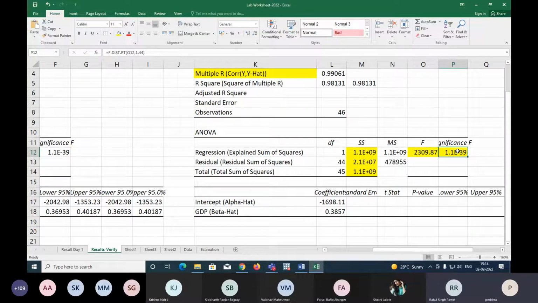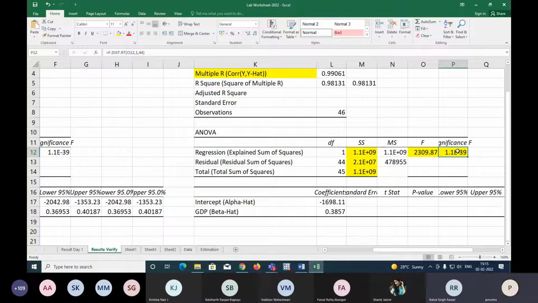And if this is less than 0.01, we will say that the null hypothesis here is rejected at 1% significance level. And if this significance level is greater than 0.10, we will say that the null hypothesis is not rejected and hence the model is not statistically significant. Normally we go up to 10%.